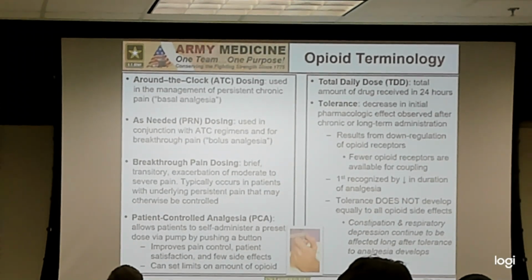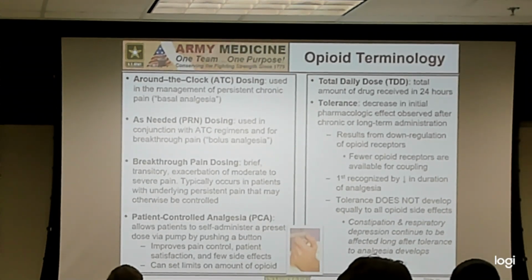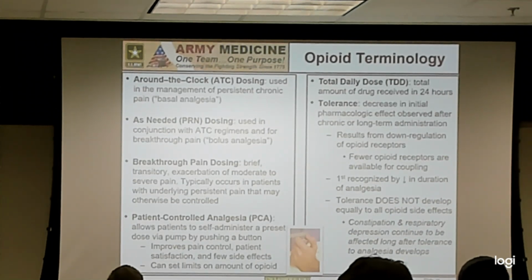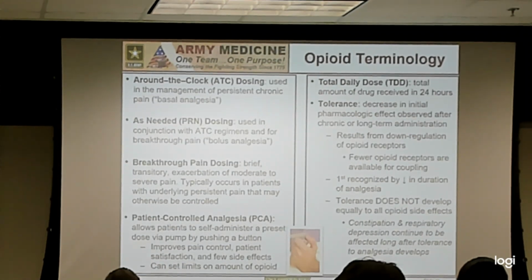The mechanism behind this is essentially that you've tired out those receptors, and so you have down regulation, so you don't have as many receptors for your medication to bind to. So you're not going to get as much of an effect because I don't have the receptor to receive that medication. So that's what the down regulation of opioid receptors means.